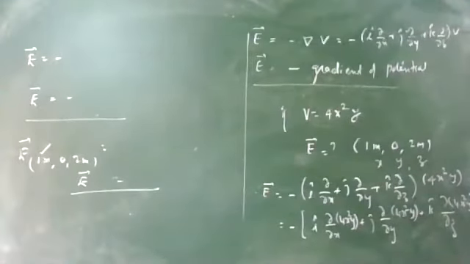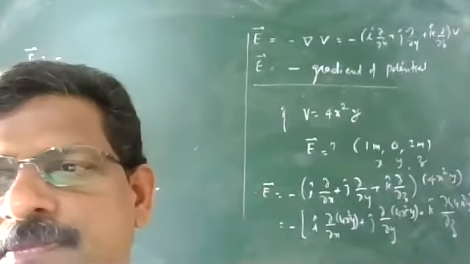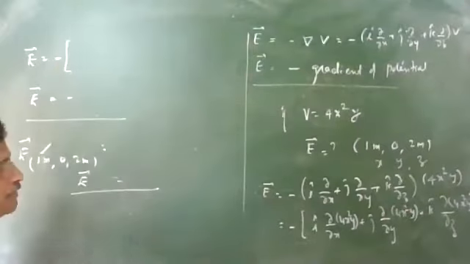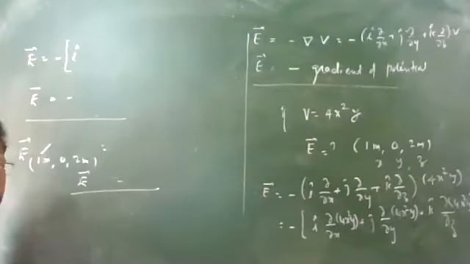Did you copy all this? Completed? So just tell me what is E vector. First, the minus sign is here outside. I cap d by dx of 4x square y.